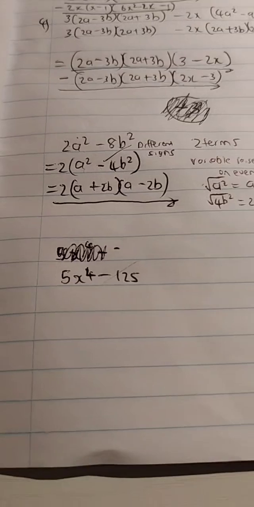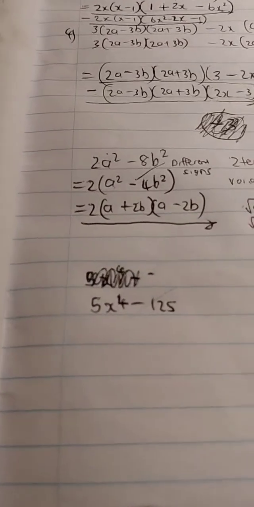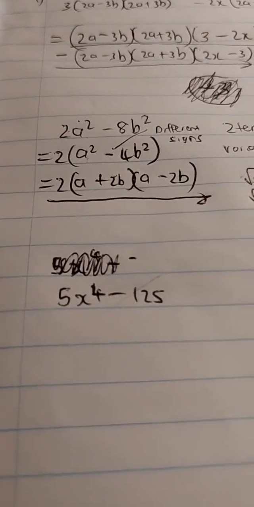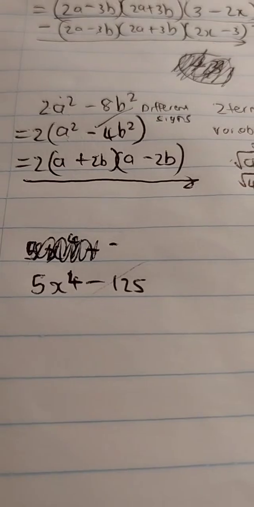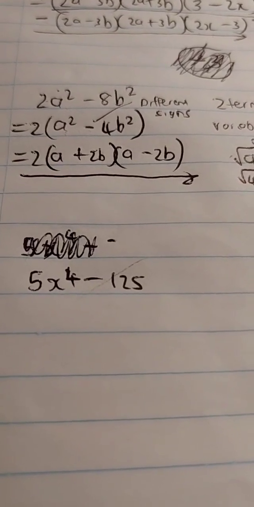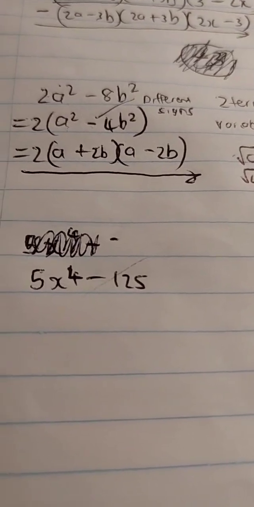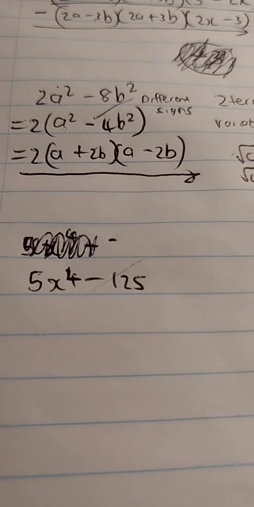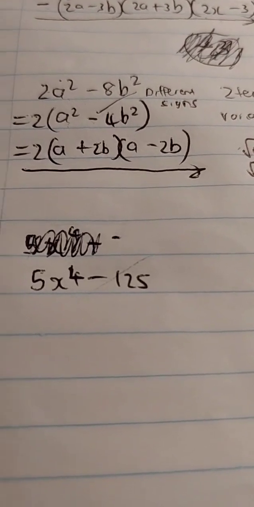Once again, how many terms in the expression? We have 2. Second question, sign change rule needed? No. Third question, is there a highest common factor? Sign, number, letter. Sign, positive. Number, 5 and 125. It seems like you guys are writing in the comment section it's 5. So let's take it out.